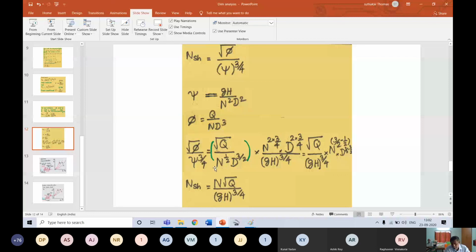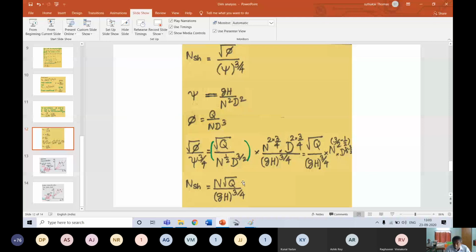So when you get a specific speed of say 30, or the corresponding shape number value, you will select a turbo machinery which is like a centrifugal pump only, if you want the best efficiency.